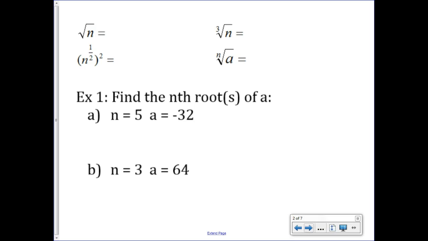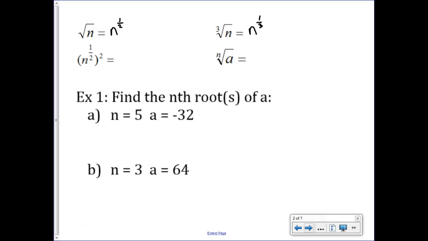So looking at our square root of n, we could rewrite that as n to the 1/2 power. The square root means n to the 1/2 power. So then the cube root would be n to the 1/3 power.